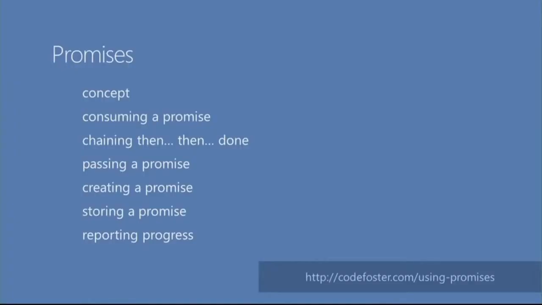So we're going to look at promises in order to cover that. Now, promises is really a multifaceted topic. You're definitely going to be using promises if you do Windows 8 development. The reason is that in the WinRT, which is the API on Windows that you access when you're on a computer running Windows 8, if a function might take more than 50 milliseconds, and notice I said might, then it is an asynchronous function.